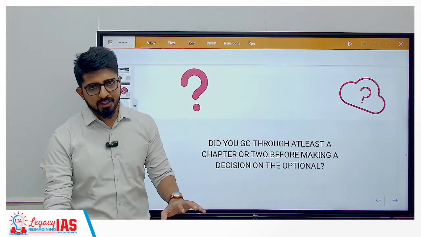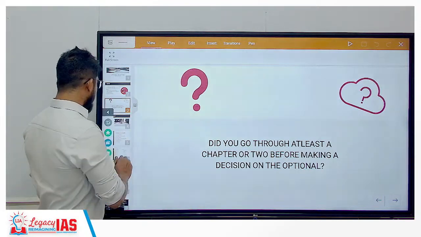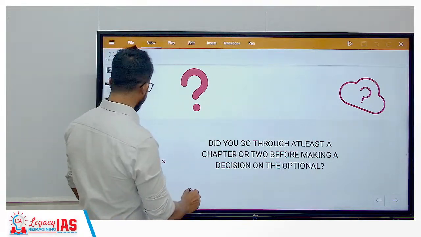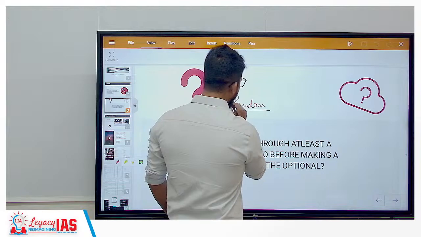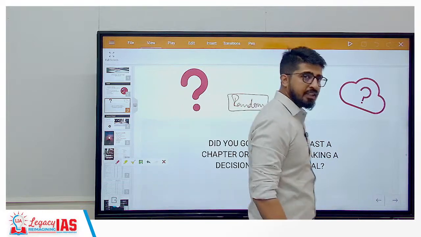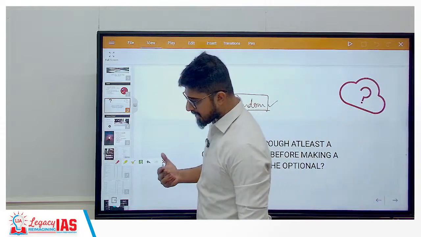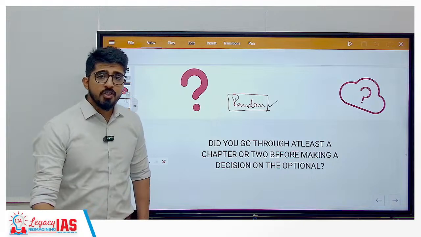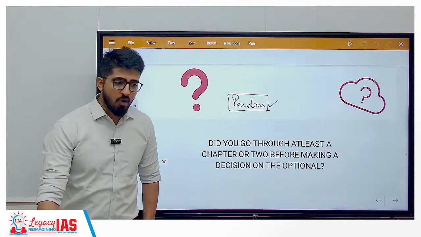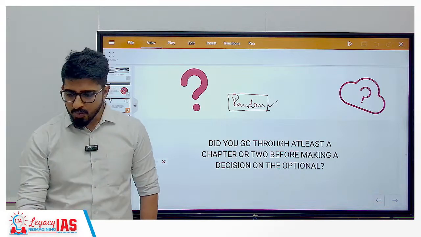At least 1 or 2 chapters. These have to be random chapters of any optional you are choosing. And what you have to look out for when you read through these chapters is whether it is evoking interest or not. This is something you need to consider.